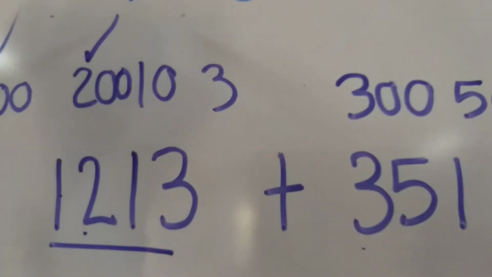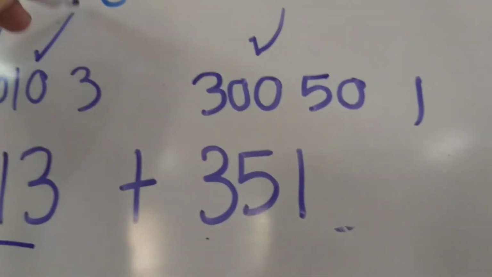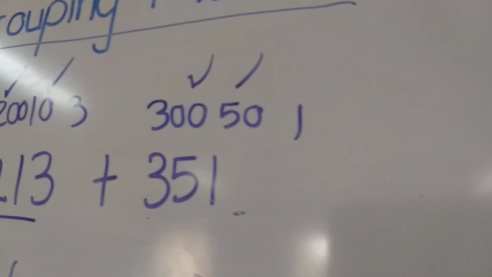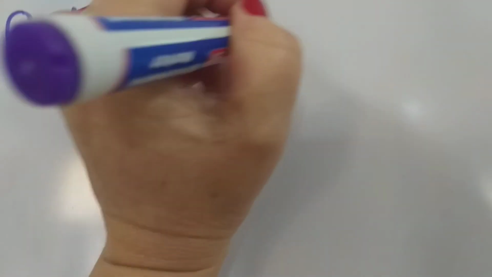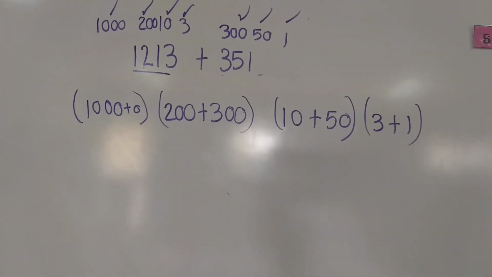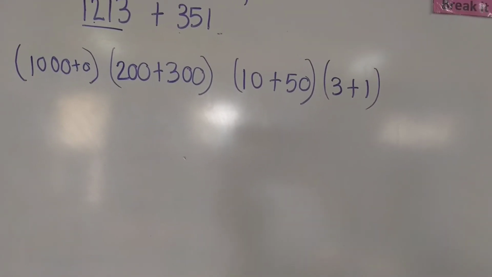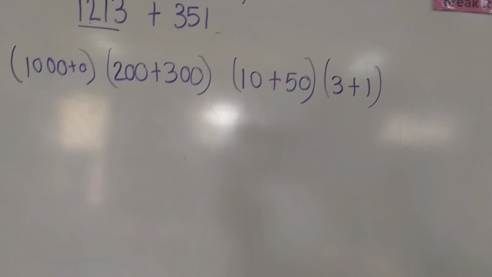Now we have 200 and 300, 200 plus 300. Then we have 10 and 50, and then we have 3 and 1. So there we have our groups: 1,000 plus 0, 200 plus 300, 10 plus 50, 3 plus 1.